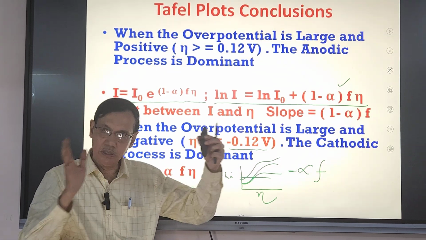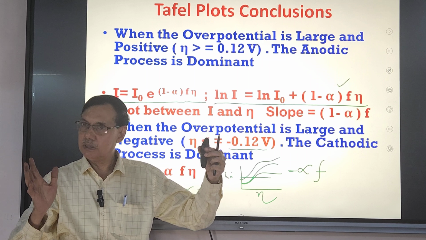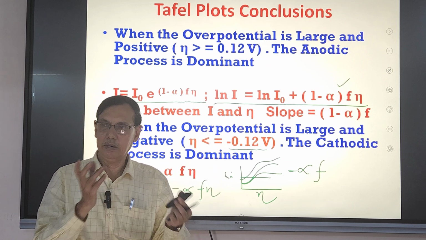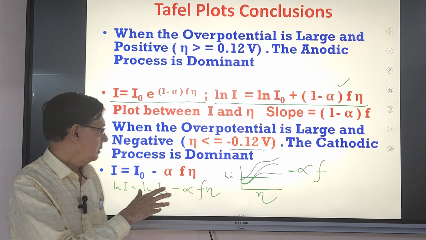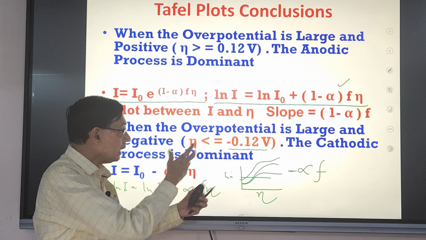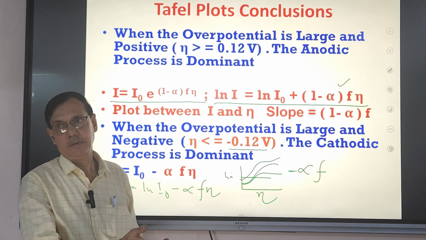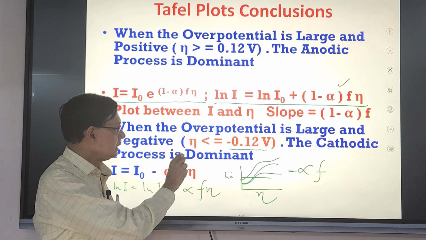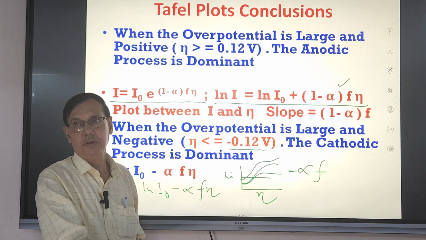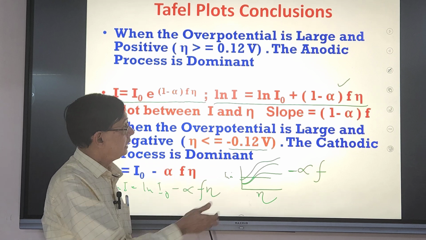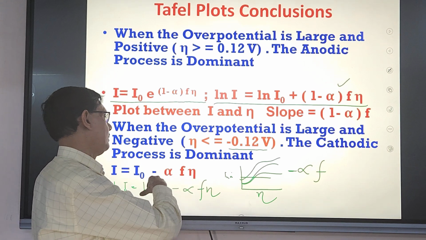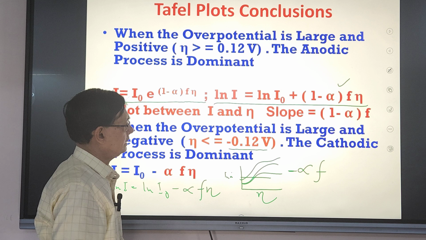That means you must know the Butler-Volmer equation and then apply the Tafel conditions, two conditions, and there will be two forms, so two types of slopes, and these are actually the Tafel plots and Tafel equation. But if you want to derive the Butler-Volmer equation, then of course you expand the exponential and other things.